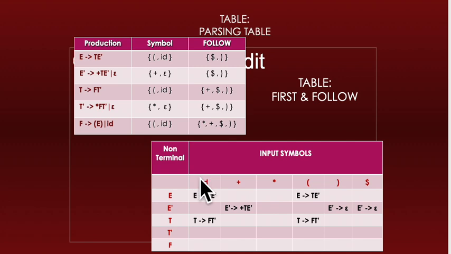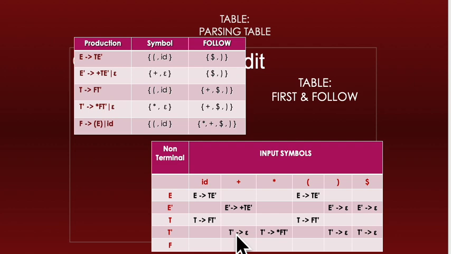So under star we write T dash gives star F T dash, and we have epsilon in first of T dash. When we have epsilon in first of T dash, we include follow symbols as well. The follow symbols are plus, dollar and close parenthesis. So under plus, under dollar and under close parenthesis, we include T dash gives epsilon.